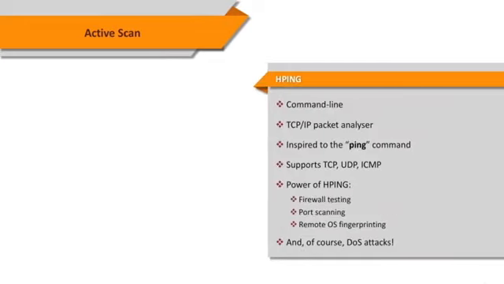hping is an excellent command line-oriented TCP/IP packet assembler analyzer. The interface is inspired by the ping8 Unix command, but hping isn't only able to send ICMP echo requests. It supports TCP, UDP, ICMP, and raw IP protocols, has a traceroute mode, the ability to send files between a covered channel, and many other features.